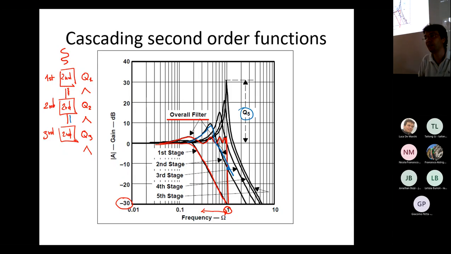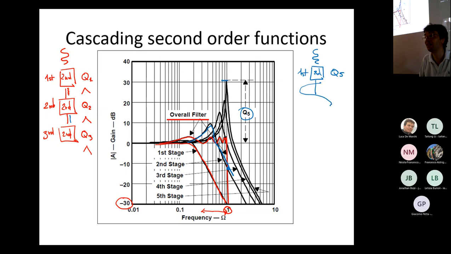Okay, if we would have selected the first stage with the highest Q, the initial input sinusoid would have been amplified by a factor equal to 30 dBs. So quite a lot.